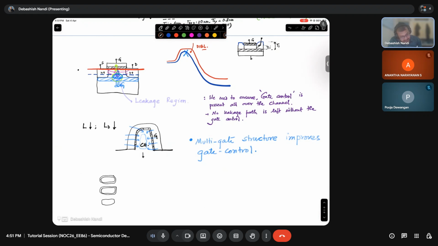In FinFET I had surrounding by three directions. So this is something called gate all around structure, okay, or GAA.